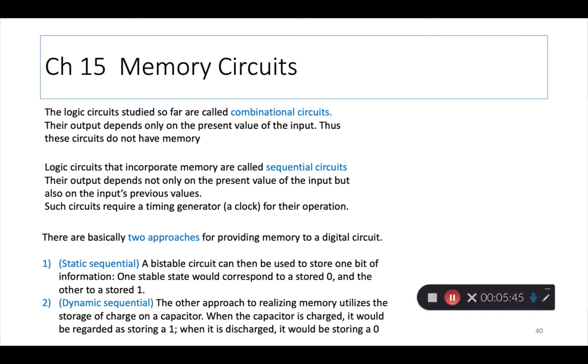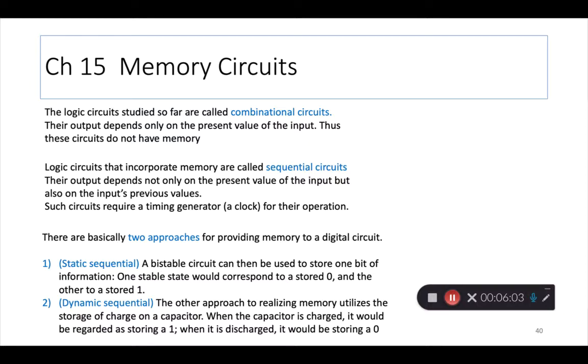In one stable state, it is said that a 0 is being stored. In another stable state, you say a 1 is being stored.